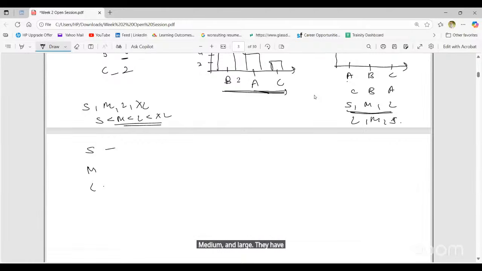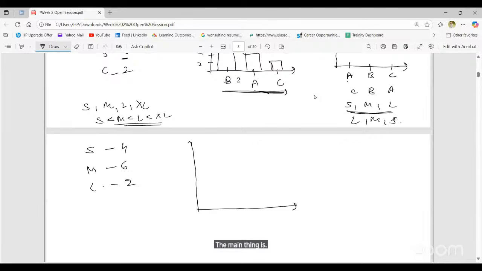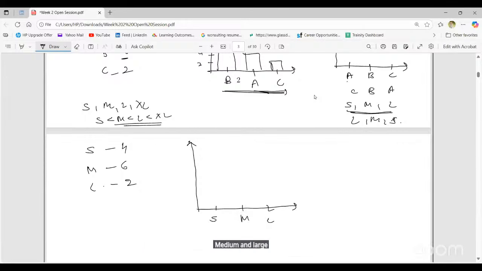They have frequencies like 4, 6, and 2. Now, if I'm making the chart here, the main thing is these are my ordinal data. So small is less than medium and medium is less than large. Now here come small, medium, and large. Now you have to make the frequencies like this. Now is it fine?